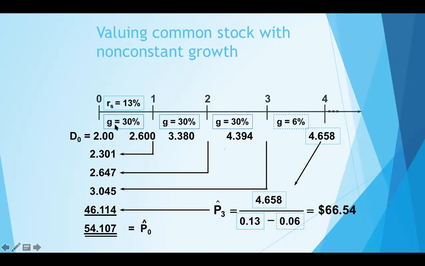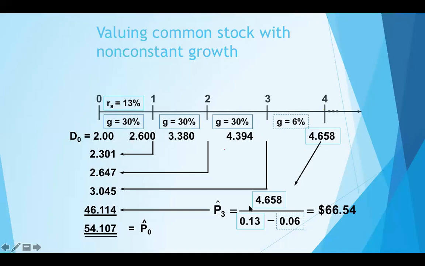Once again, we calculate the 30% growth of 3 years dividend. I mean, in 3 years, the dividend increased 30%, right? Starting from the fourth year, it's 6%. So we discount these dividends individually, right?